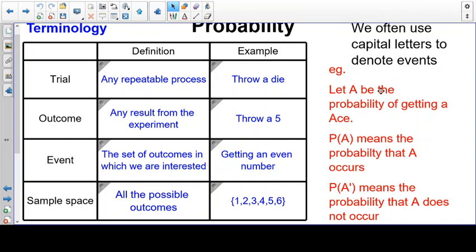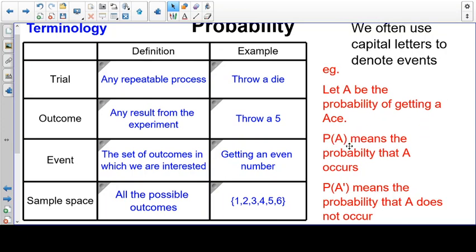So A might be the probability of getting an ace. So we would write that as P bracket big A. And that's the probability that A occurs, the probability of getting an ace. A little dash, A', denotes the probability that A doesn't occur. Okay, so you need to know all of those words and what their meanings are.